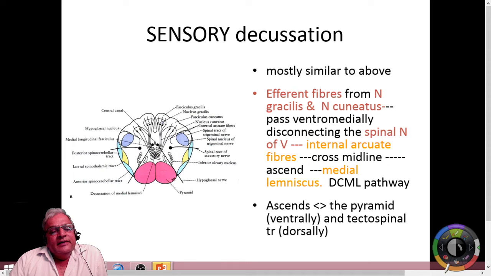But here, it is the posterior columns that decussate at this great sensory decussation in the medulla, because the posterior columns do not decussate at segmental levels. They go straight up on the ipsilateral side. Ipsilateral means same side posterior column, as the fasciculus gracilis and fasciculus cuneatus. And when they reach the medulla, they terminate in the nucleus gracilis and nucleus cuneatus.